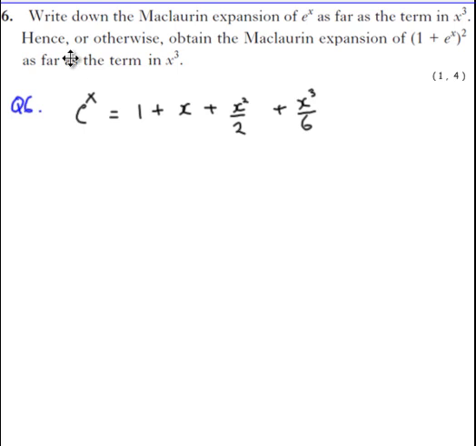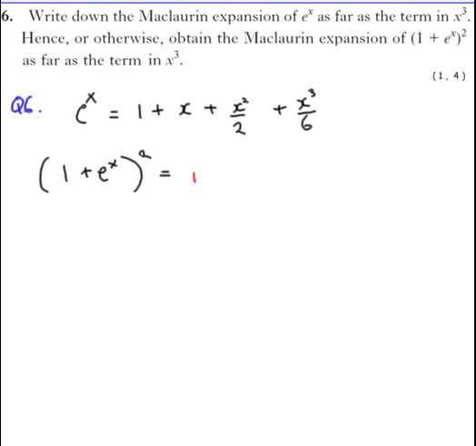The second bit of the question says, hence or otherwise obtain the Maclaurin expansion of 1 plus e to the x all squared. 1 plus e to the x. Then we want to square it. Now 1 plus e to the x is just 1 plus this expansion here.